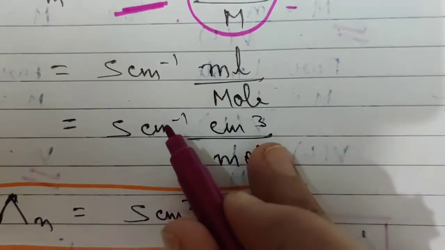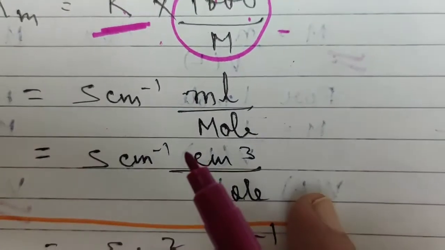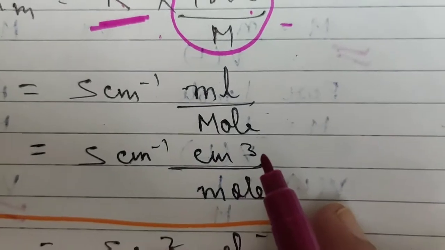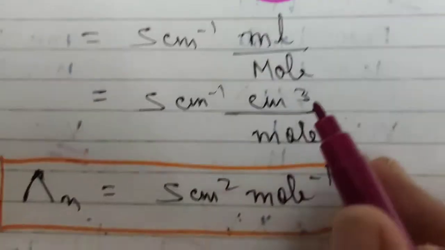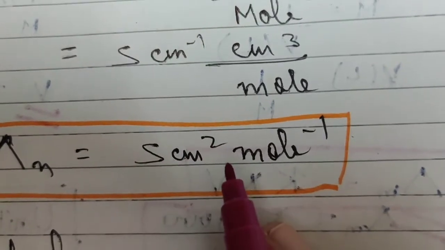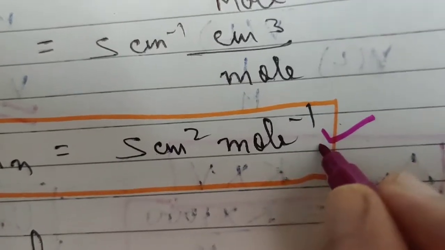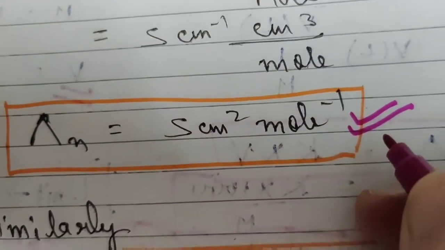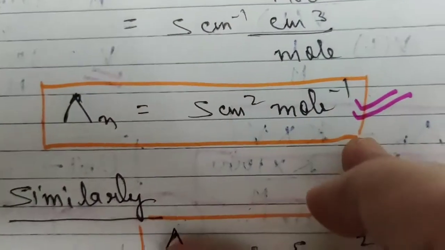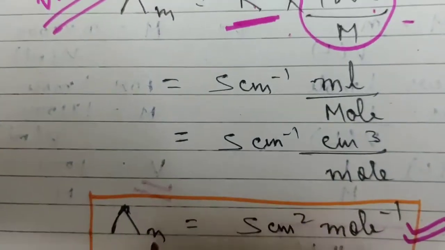So these two together, Siemens centimeter inverse into centimeter cube will give you centimeter square, and the final unit that you'll get is Siemens centimeter square per mole. So this unit is very important, as it is asked in the same way. It is asked directly to derive or to write down the unit of molar conductance.